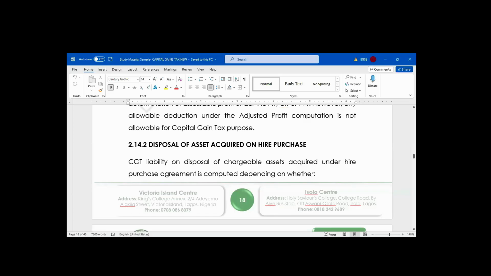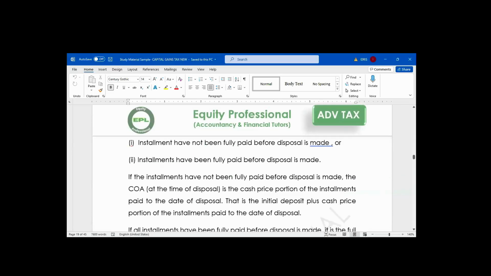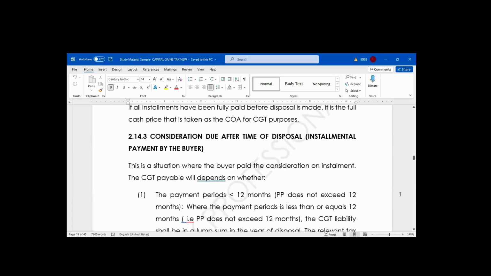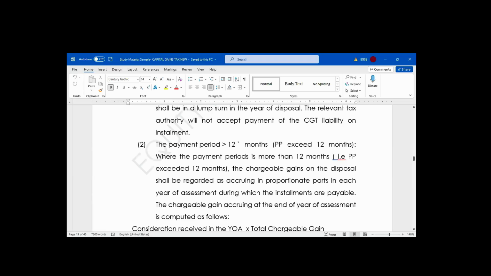You dispose the asset on hire purchase transaction. If you dispose an asset on hire purchase transaction and the installment period is more than 18 months, the capital gain tax too is going to be recognized based on hire purchase.